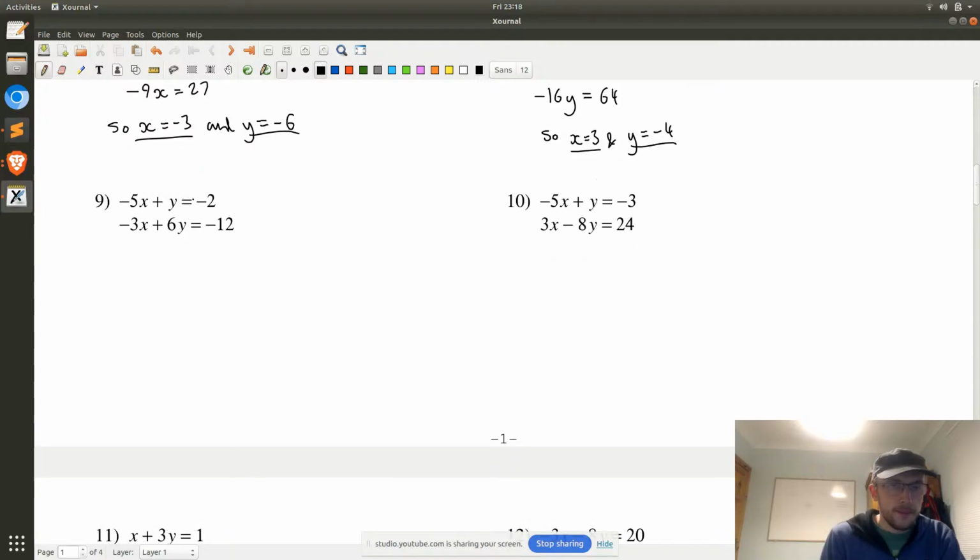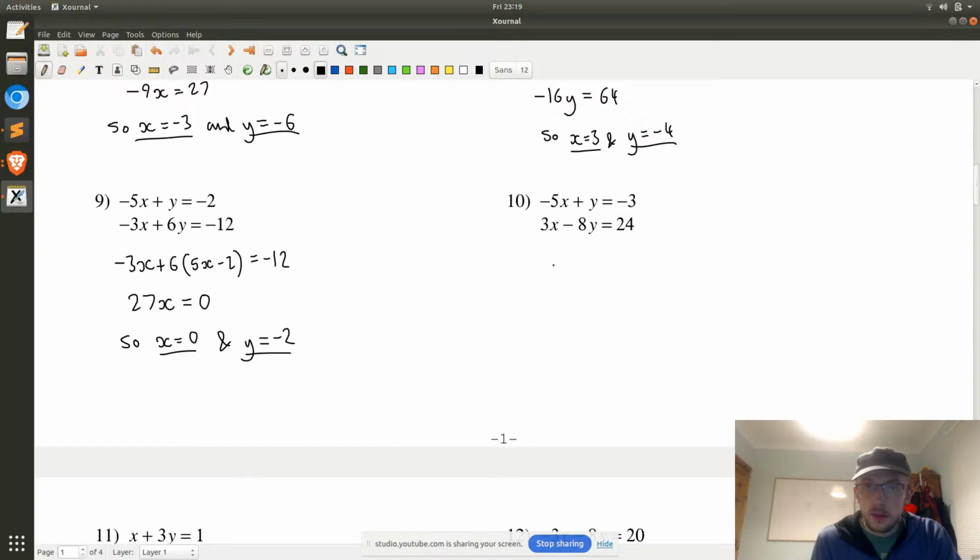Lovely. And now y is 5x take 2. Oh, so I guess x is 0 and y is -2, I suppose.